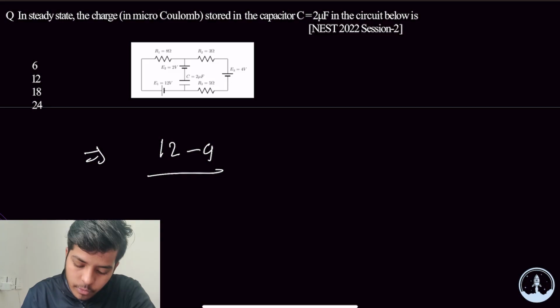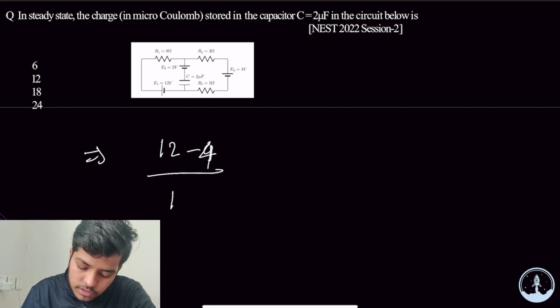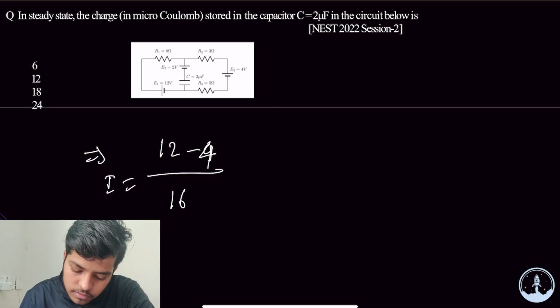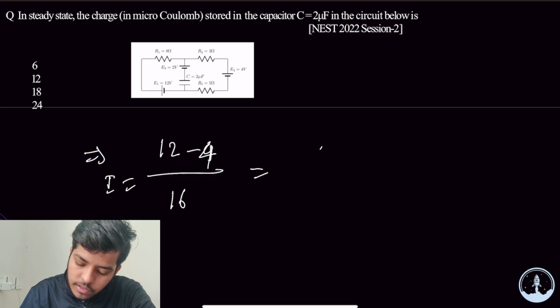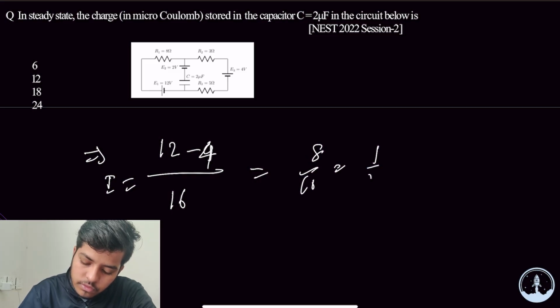So 12 minus 4 upon 8 plus 3 plus 5, which is 16. 12 minus 4 upon 16 will be the current, equals 8 upon 16 equals 1 by 2 ampere.